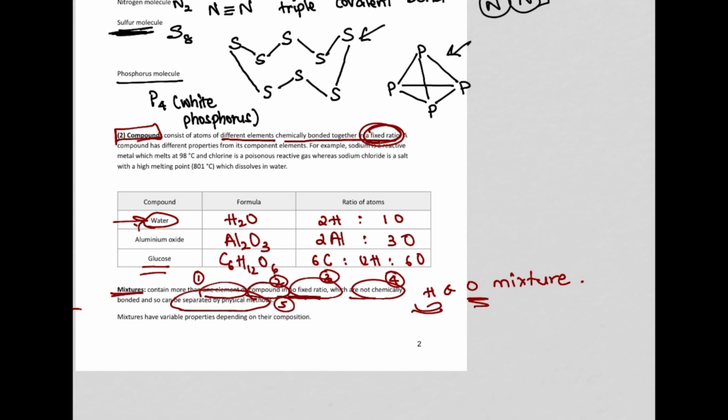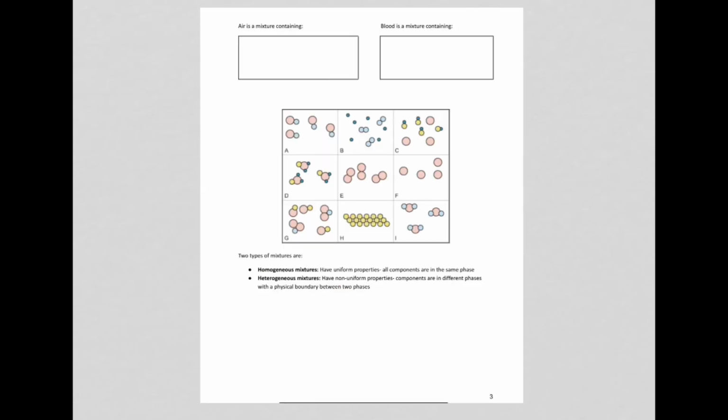We're going to see the physical methods in more detail. You have filtration, crystallization, distillation, chromatography. These are the physical methods. And mixtures have variable properties depending on their composition.